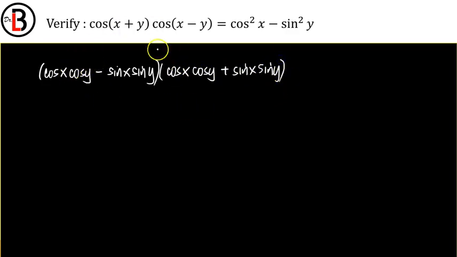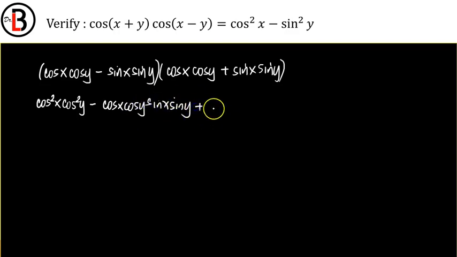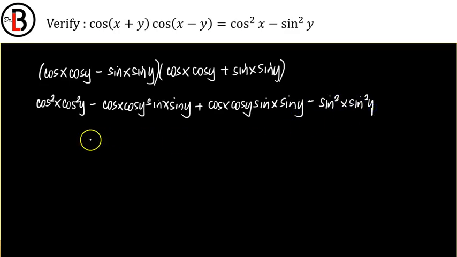So in here, if you multiply the two, it's going to give us cosine squared x, cosine squared y, minus cos x, cos y, sine x, sine y, and then the other one's plus cos x, cos y, sine x, sine y, and then lastly, minus sine squared x, sine squared y.